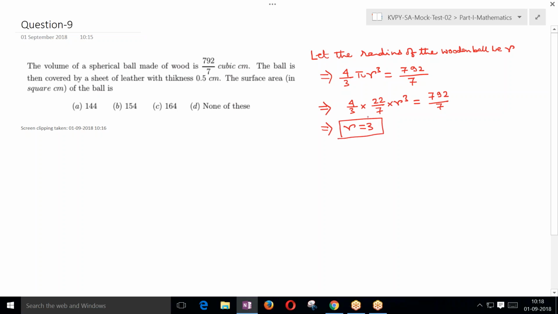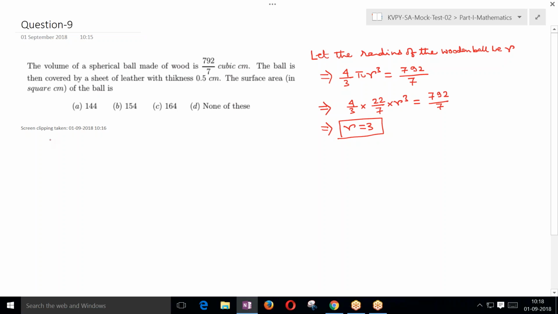Now after that, this wooden ball is actually covered with a sheet of leather with thickness 0.5. That means the wooden ball with that leather sheet will have a new sphere, and that sphere will have a radius of 3 plus 0.5 centimeter, that is 3.5 centimeter.